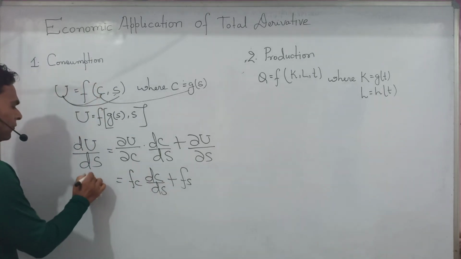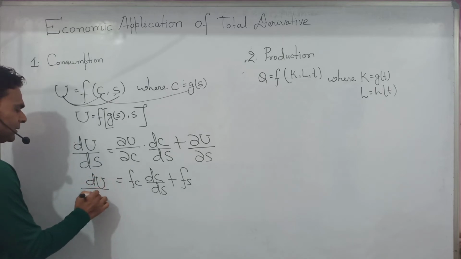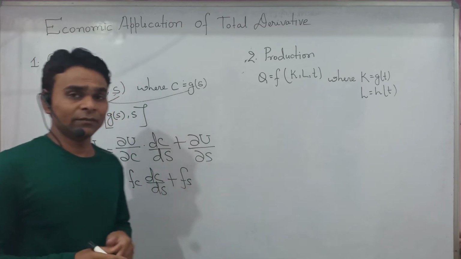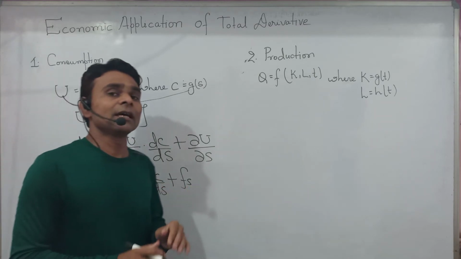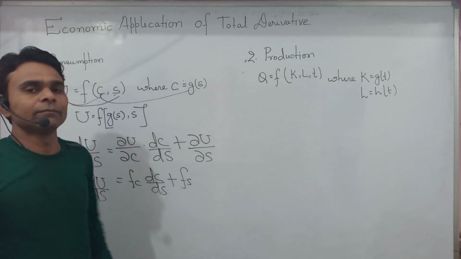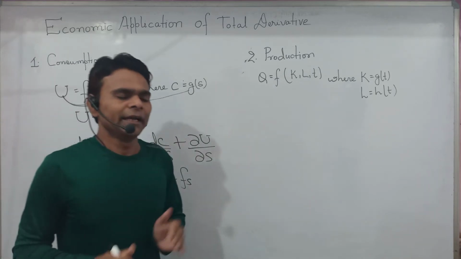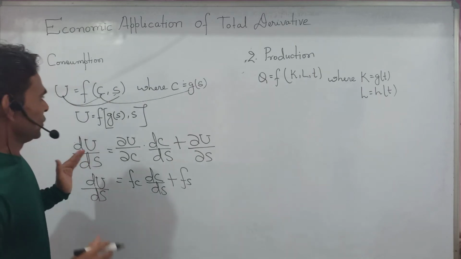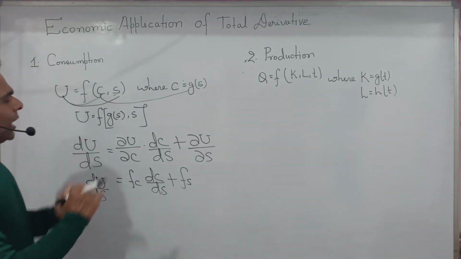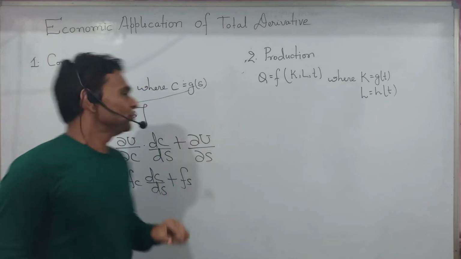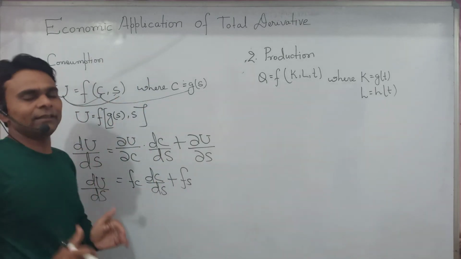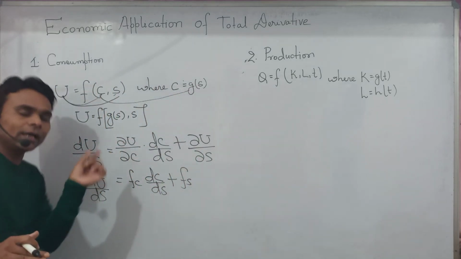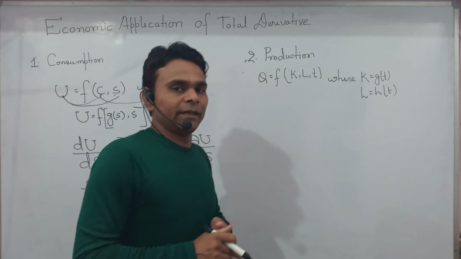This is the formula for measuring the rate of change due to change in one variable when both variables are complementary, that means they are interrelated. Suppose we ask what kind of changes you can see in the utility function when the amount of sugar changes, when sugar and coffee are complementary goods.